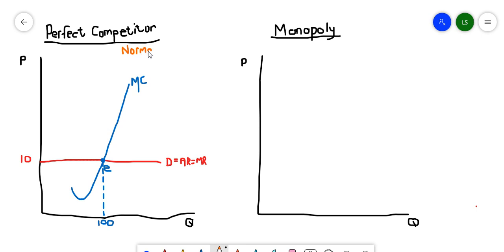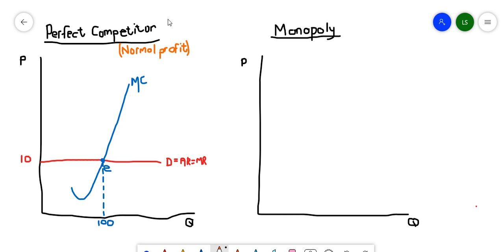According to the theory, because of freedom of entry and exit, in the long run, your perfect competitor is only going to be making a normal profit. If you draw it in any other way, your comparison is going to be useless, because it's based on a wrong assumption. So in the perfect competitor, we have to draw him in such a way that he makes a normal profit.